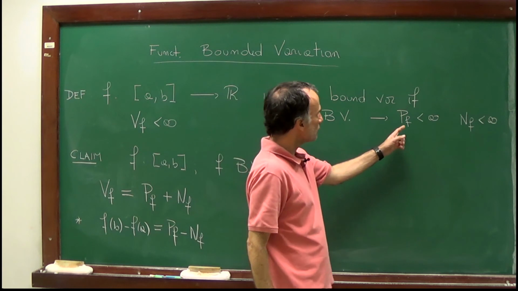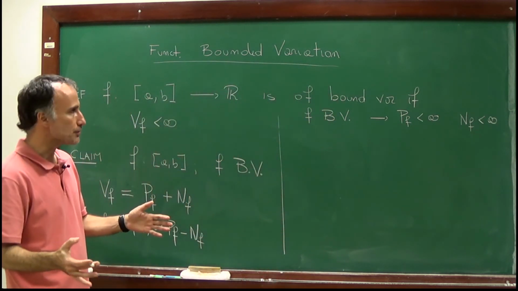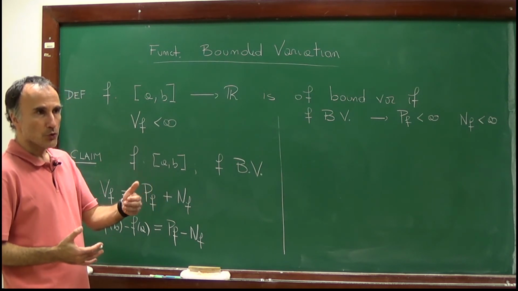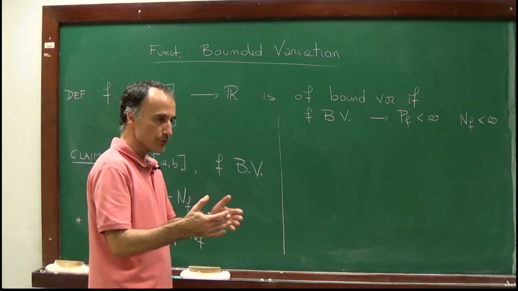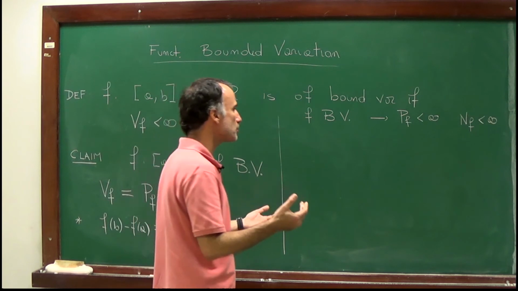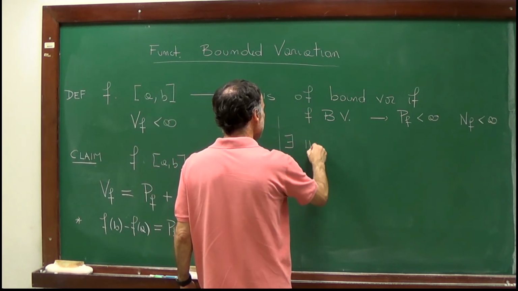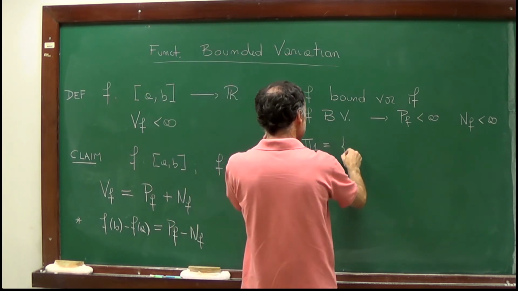Well, what does it mean that Pf is finite? Pf, it's a supremum over partitions. So since it's finite, I can find a partition which is almost equal to the total positive variation. What do I mean? I mean that there exists a partition P1. So P1, I'll just write it for you.